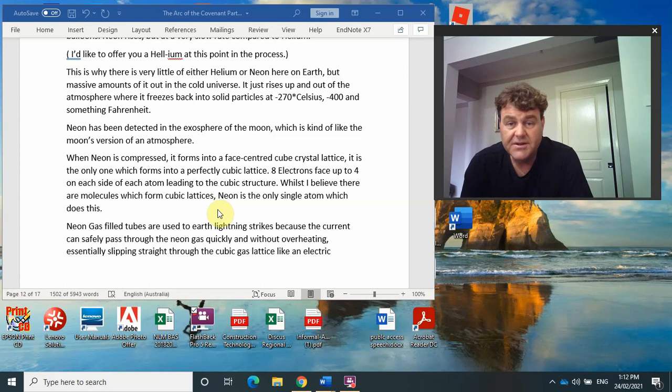Now when neon is compressed, it forms into what they call a face-centered cubic crystal lattice. It's the only one that forms into a perfectly cubic lattice. The 8 electrons on the outer shell face up on each side.